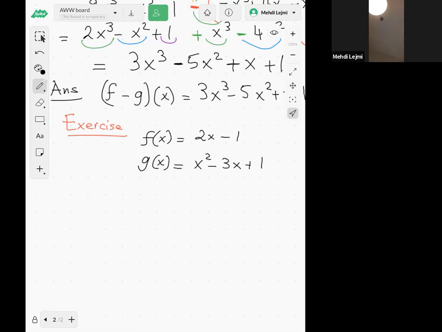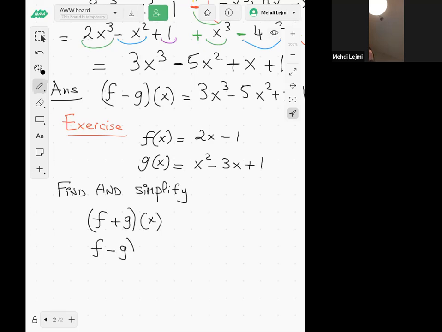Please try to find and simplify f plus g, f minus g, and let's do the multiplication, f dot g of x. All right, guys. Let's say you have 5 minutes to think about this.